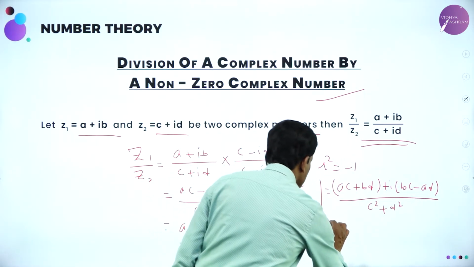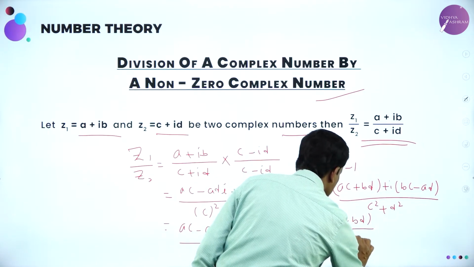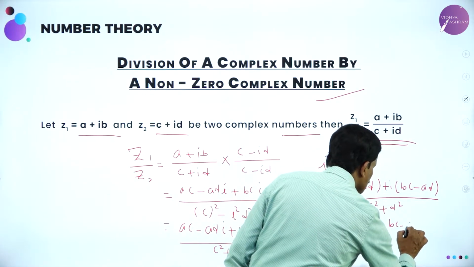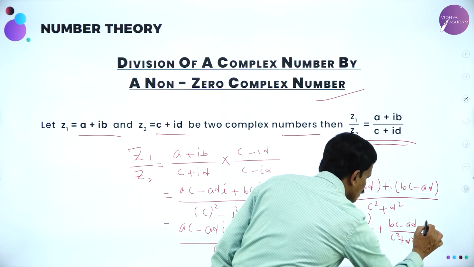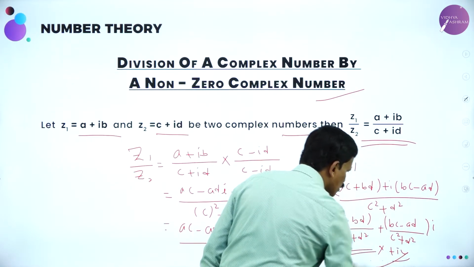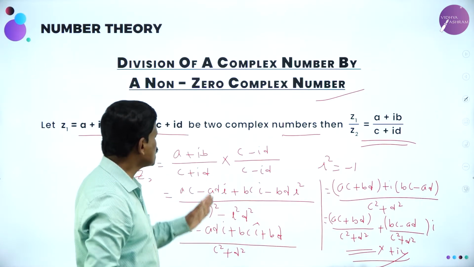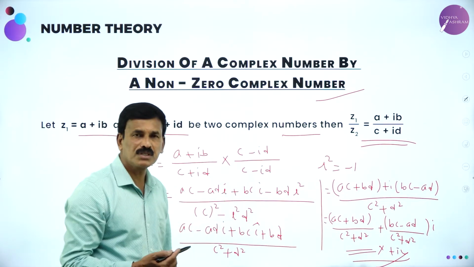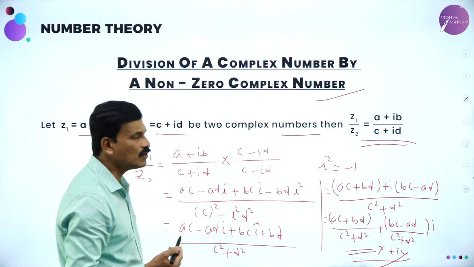So, this is equal to ac plus bd divided by c square plus d square, plus bc minus ad divided by c square plus d square into i. This is again of the form x plus iy. So, this is called the division of a complex number. Just rationalize the denominator and multiply, and you will get a complex number of the form x plus iy. This is how we divide a complex number.